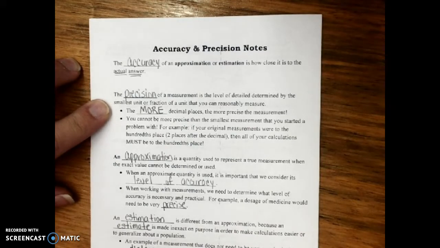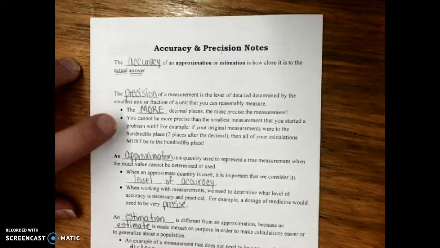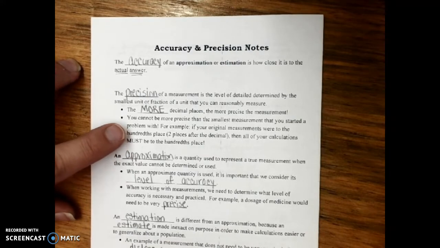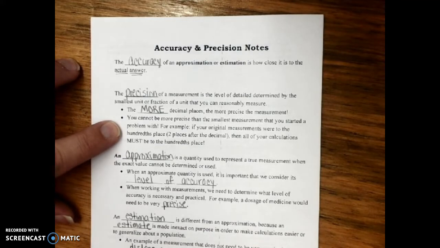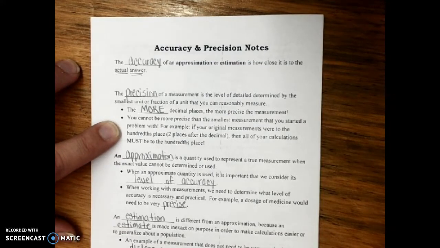The more decimal places, the more precise the measurement. It's important to note that you cannot be more precise than the smallest measurement that you started the problem with. For example, if your original measurements were to the hundredths place, which is 2 places after the decimal, then all of your calculations must be to the hundredths place.